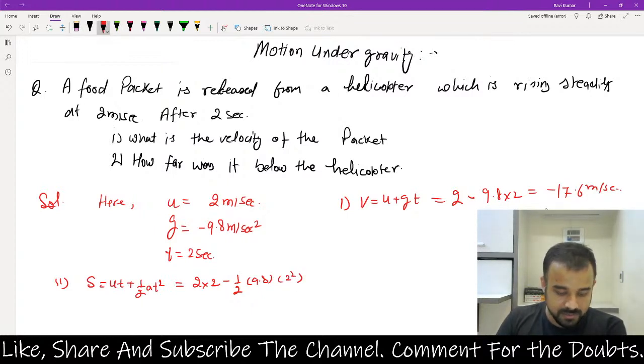So that is equal to 4 minus 19.6, that is equal to minus 15.6 meter.